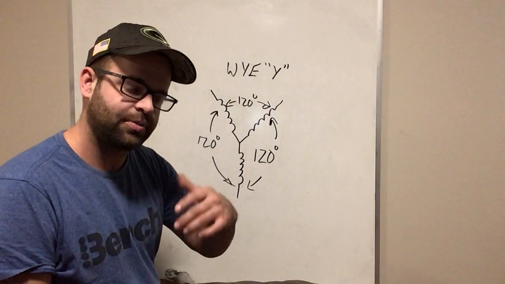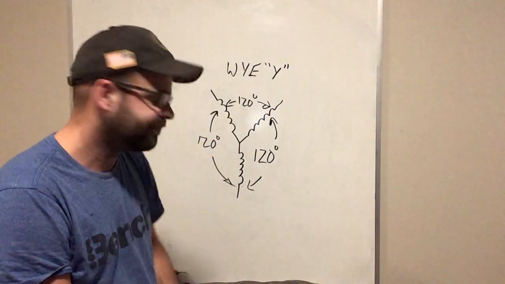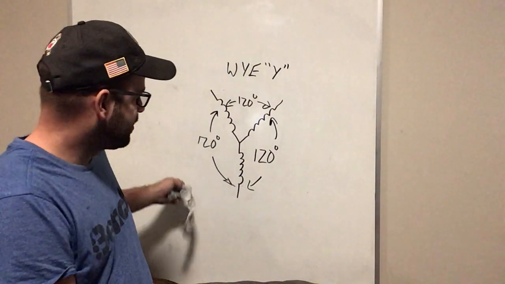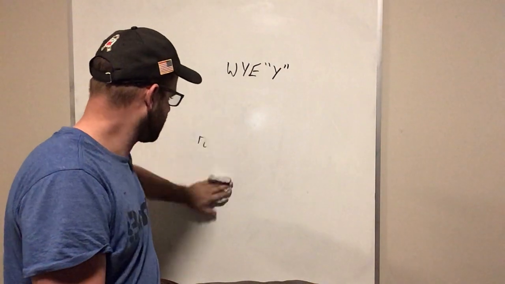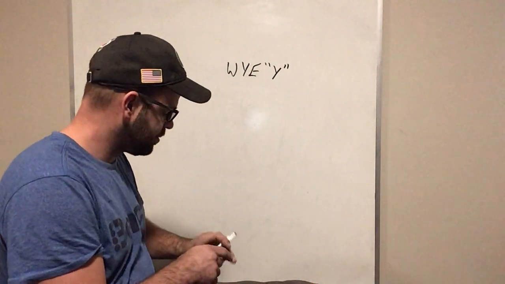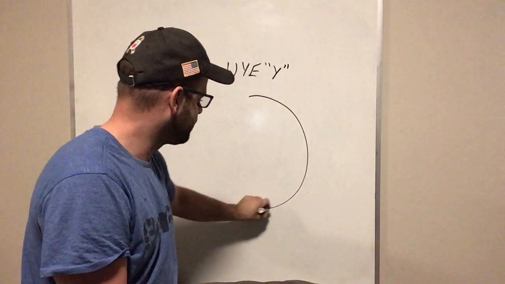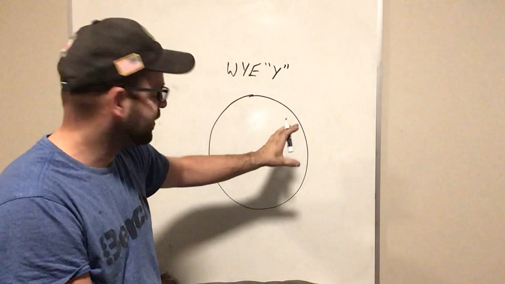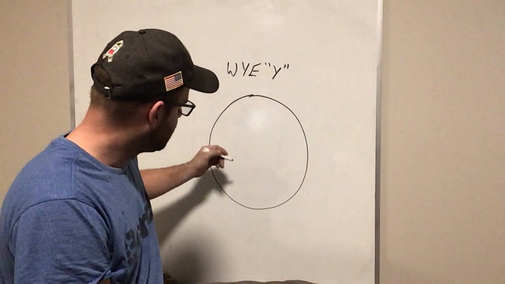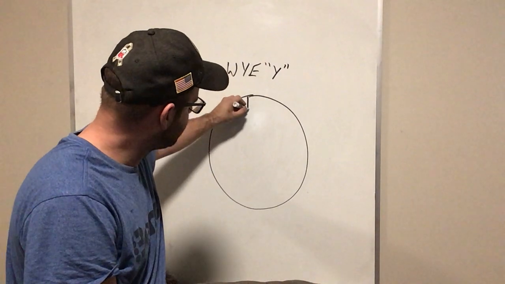This will be more the next topic we get into, but I'd just like to talk about it a little bit. So a three-phase alternator, we've got to put our stator in here. Our stator is the external part of our alternator.